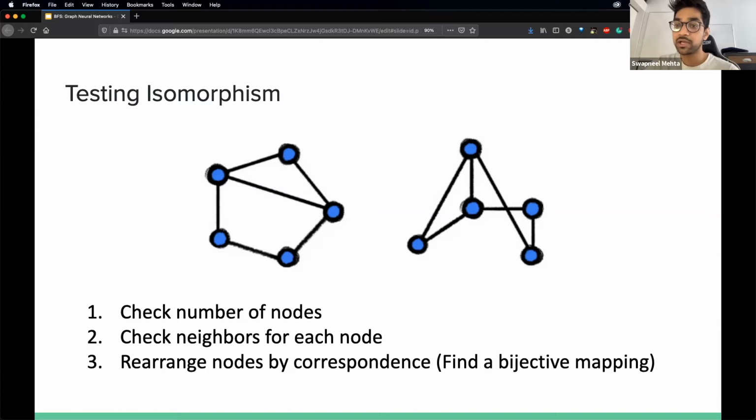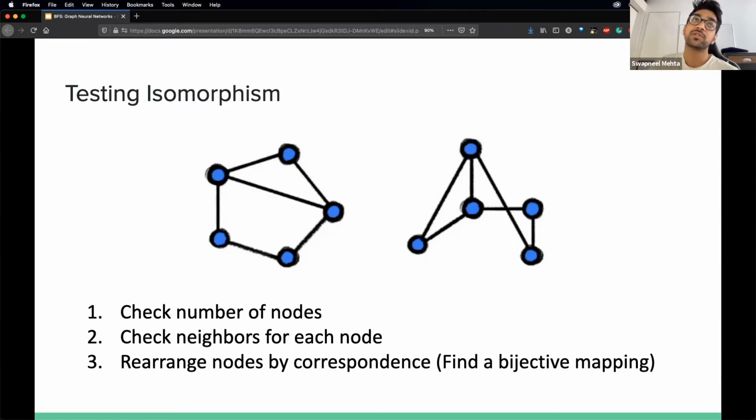There is no polynomial time algorithm that can check for isomorphism of any two arbitrary graphs. But there is one test that approximately solves this problem, and it works for most real world graphs, which is to say it has very few corner cases observed in practice. That test is called the Weisfeiler-Lehman test. I'll get into the details in a bit, but this is the general idea.